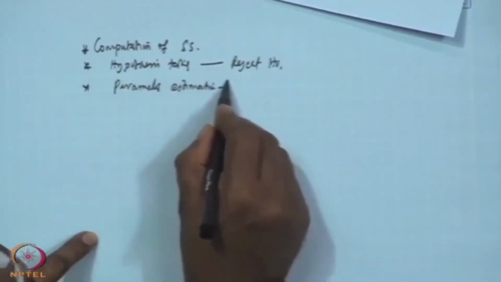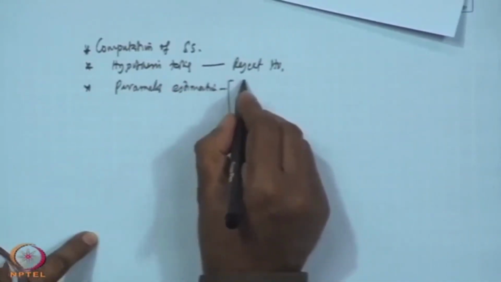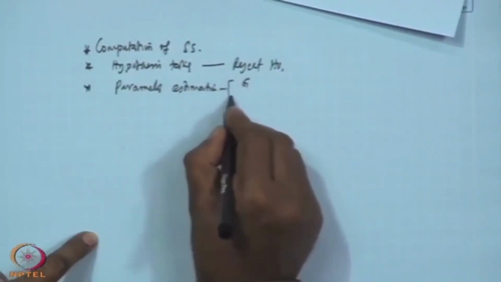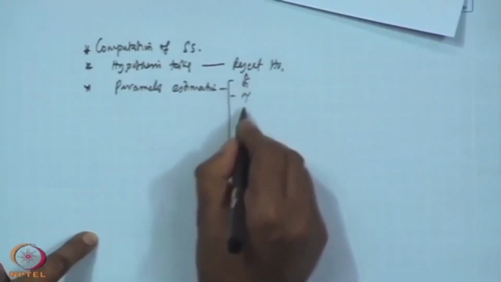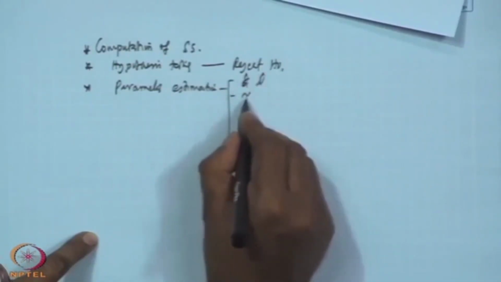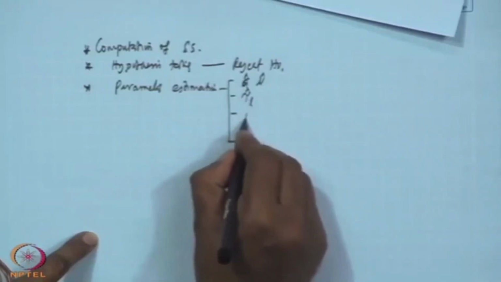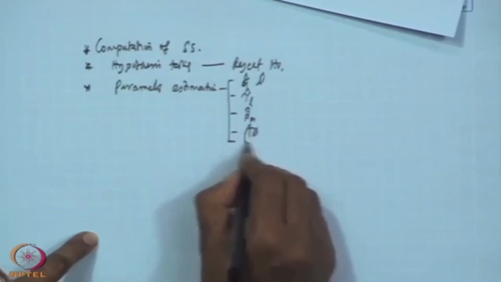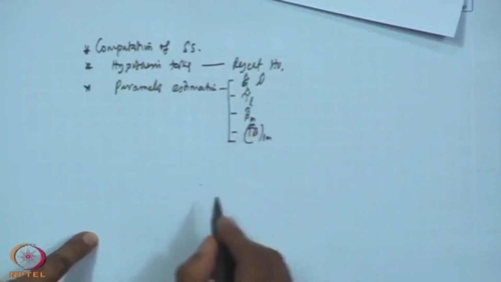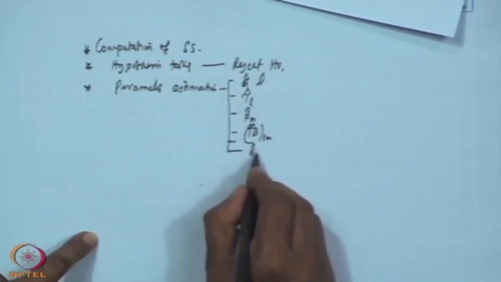By parameter estimation, what are the things we want to estimate here? That is the grand mean, we want tau L to be estimated, beta m to be estimated, then tau beta Lm to be estimated, and also we want the error to be estimated.